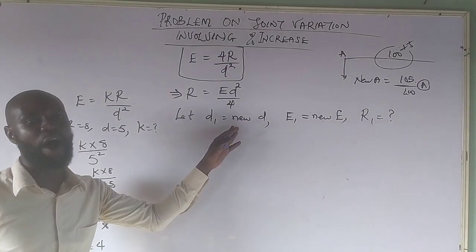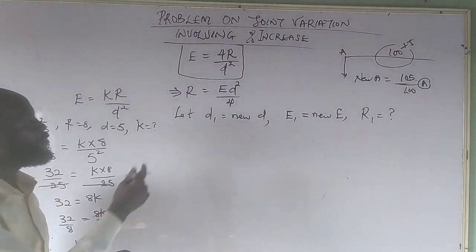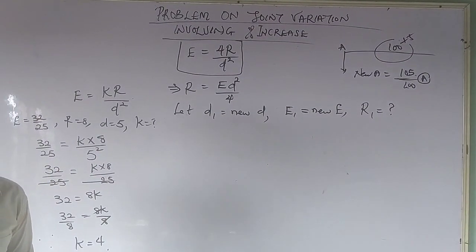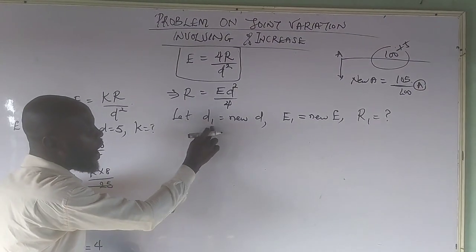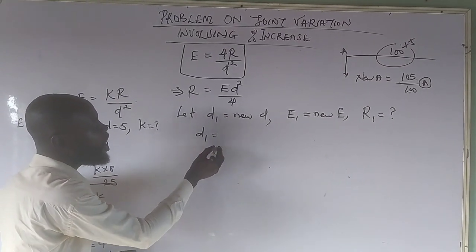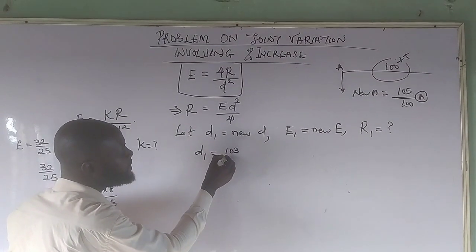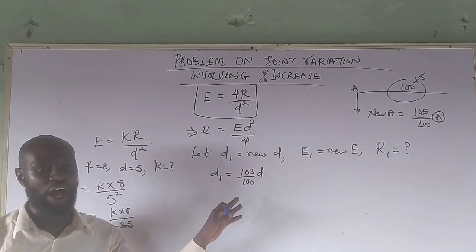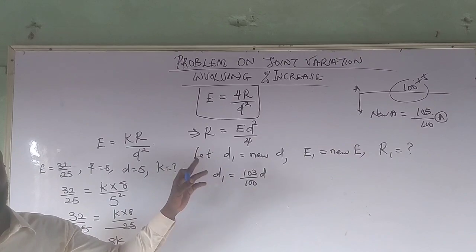If D1 is our new D, therefore with the percentage increase of 3%, that means your new D, D1, will give us 103/100 of D. That is 100 plus 3, 103.